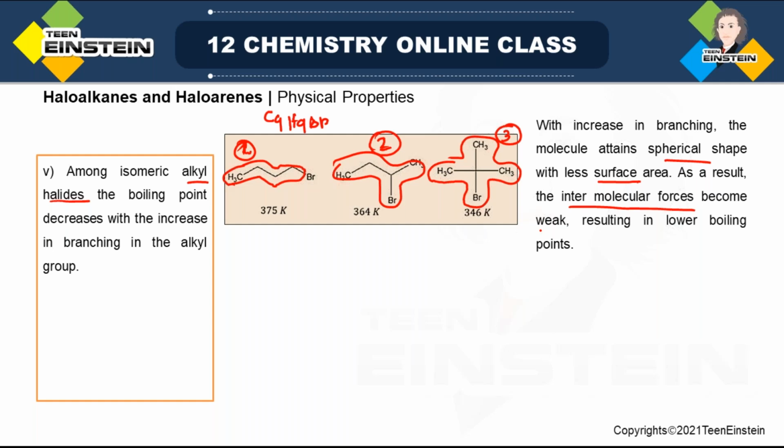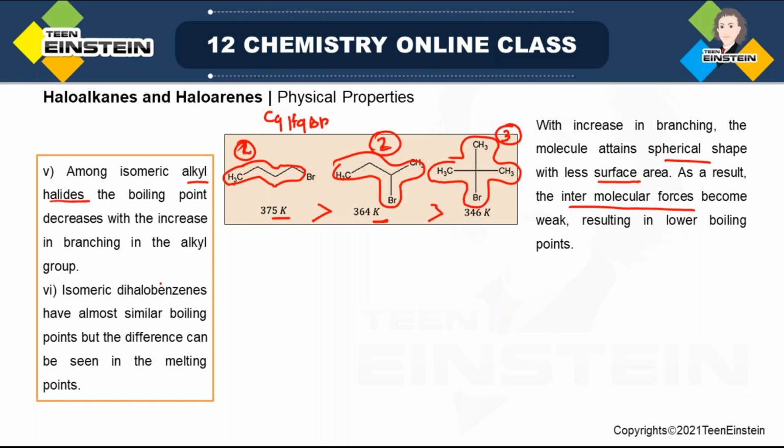Just by providing low energy, you can easily convert them from liquid state to vapor state. And that is actually the boiling point. That means the boiling point will decrease. So look at this value, it is 375 Kelvin. Now it is lesser, 364, and the next one 346. So as we are moving from 1 to 2 to 3, the value is becoming less and less. Fine.